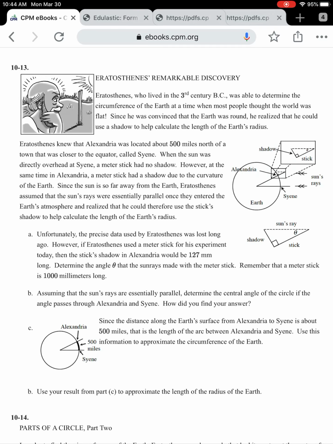Now because the sun's rays are parallel, knowing theta actually allows you to know the central angle that opens up to that arc between Alexandria and Syene, because that central angle and that angle theta you calculated are alternate interior angles due to those parallel lines, so you know that they're congruent. And that's how you can work with this problem to then have an angle measure, to know the arc measure, and know that that 500 miles makes up just that small portion of the whole circumference.